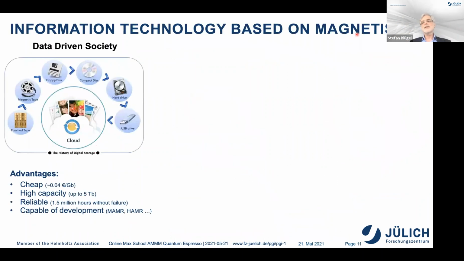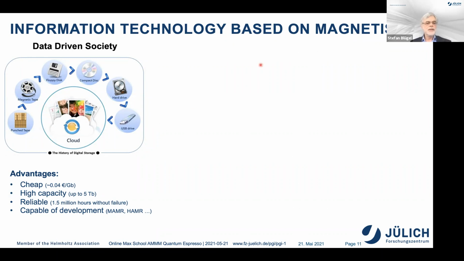Spinorbitronics fits into a technology based on magnetism, which already exists. And maybe you know that I would say 90% of all information worldwide is stored on magnetic hard disks.